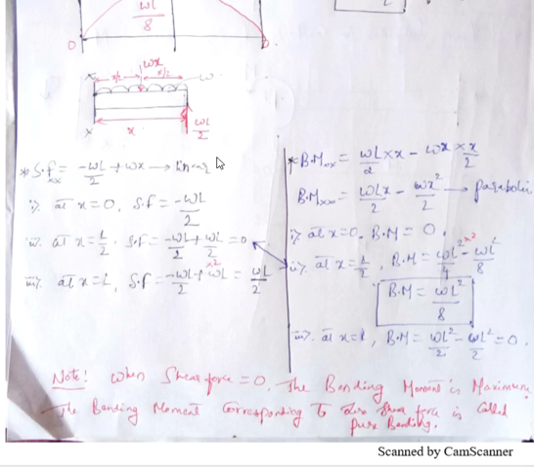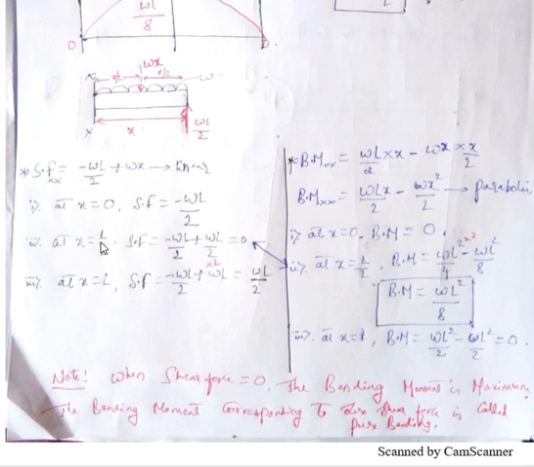Okay, then in this equation, if I put x equal to 0, then shear force will become minus WL by 2, as it is here it will be 0, so remaining part is minus WL by 2. Next, again in this above equation, if I put x equal to L by 2, in the sense this is x equal to 0 and exactly at the center of the beam length will be L by 2, so x equal to L by 2 is center of the beam.